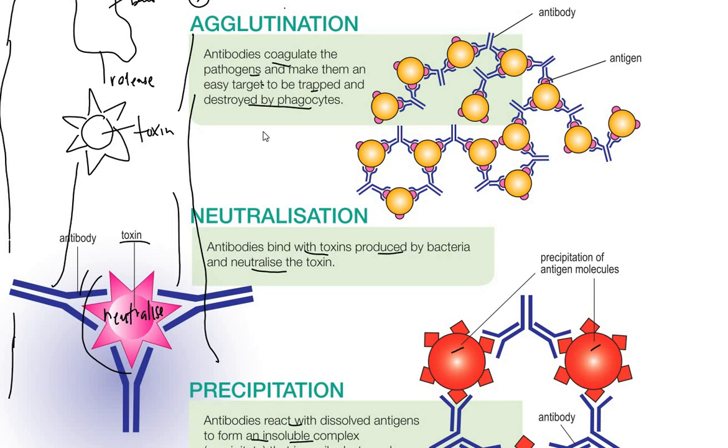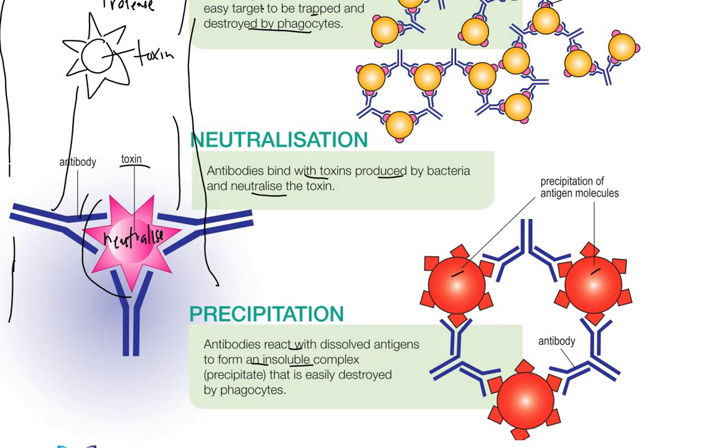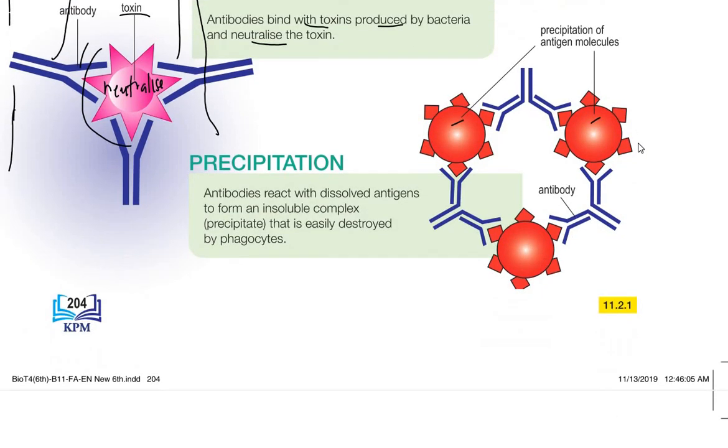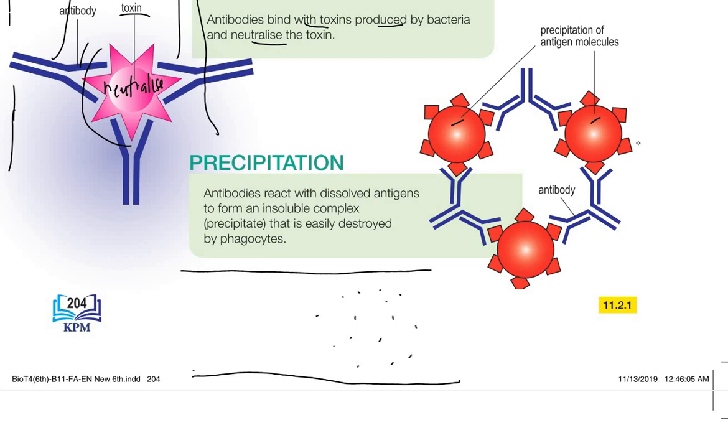Then we have precipitation. Let's say we have our blood vessel. The antigen enters, but the antigen cannot be seen or recognized by the phagocyte because it has been dissolved. When something dissolves, we cannot see it.